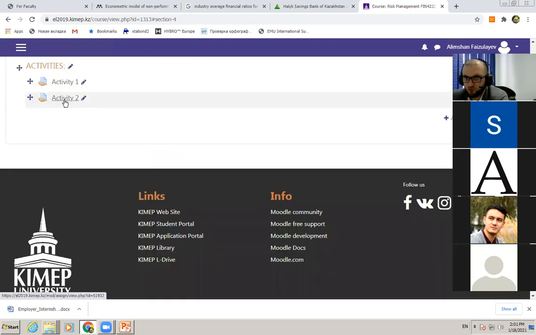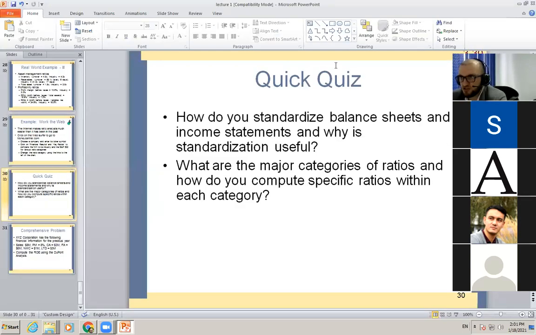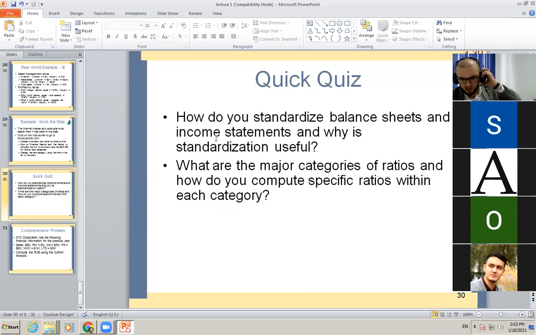Activity 2, you enter it and try to answer these questions. The questions are here. Once you finish, you can leave the conference. Thank you so much. See you on Wednesday. Try to answer it in your own words, whatever you remember.